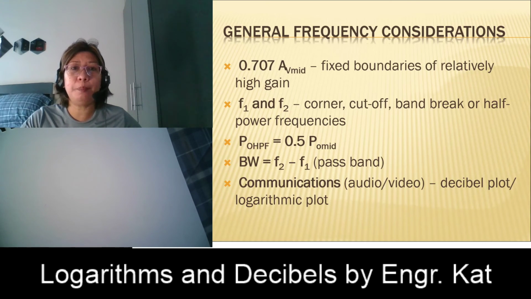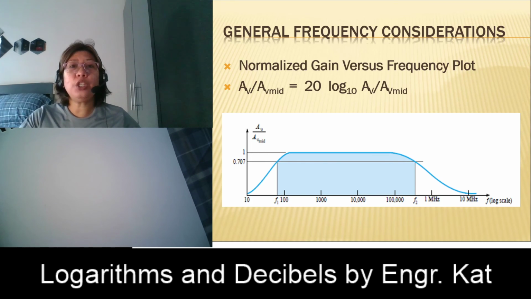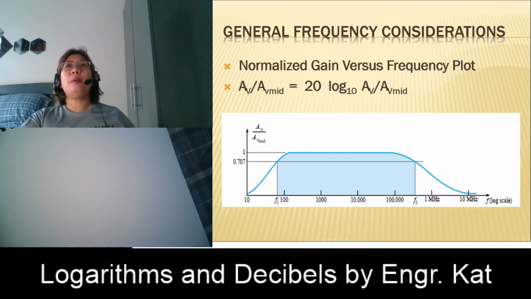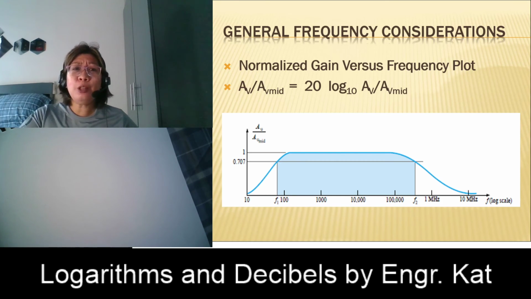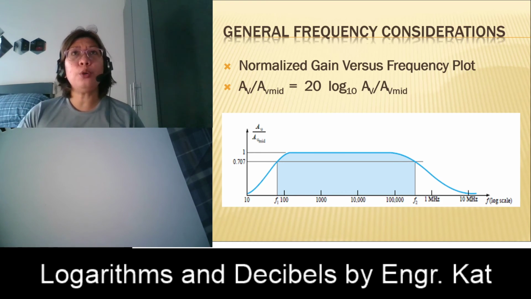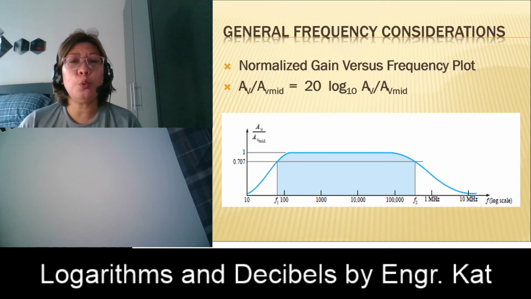Okay? So the decibel plot and the logarithmic plot. This is the normalized gain plot. If you look at the gain as decreasing but it is still on the upper side of your graph, it looks like it still has a gain. So we cannot see the effect that it is decreasing because it is on the upper end. So what we usually do is normalize. Here we have the normalized gain versus frequency plot.